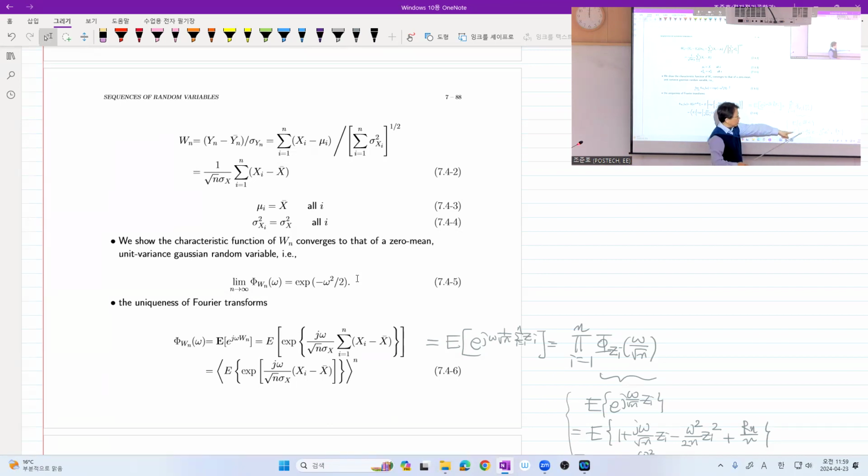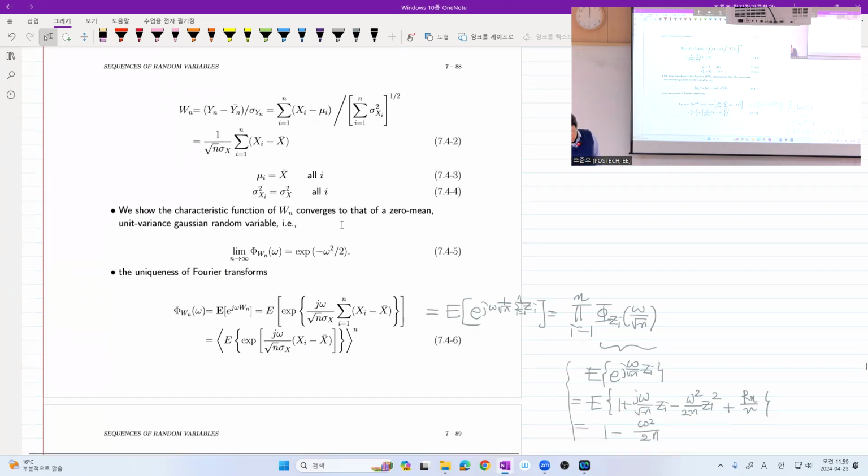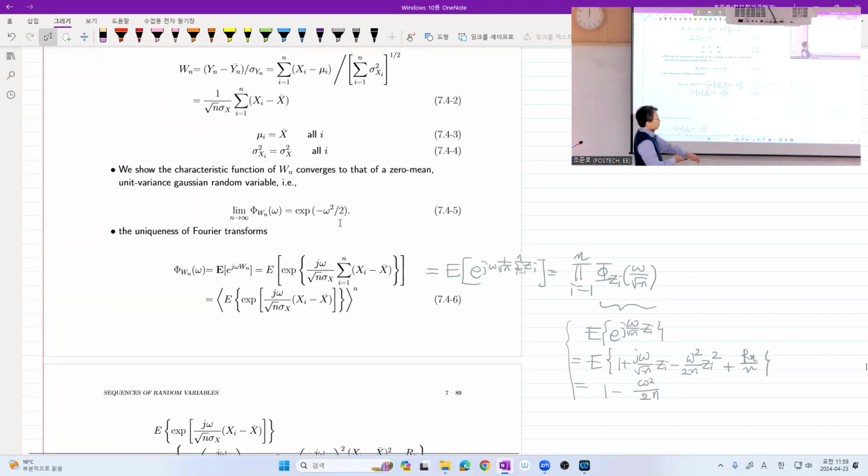So we have the first term 1, second term j omega z sub i divided by square root n, and third term negative omega squared z sub i squared divided by 2n, plus the remainder. And this remainder actually depends on i. So unlike our textbook, we may need one more parameter, r sub n,i divided by n.